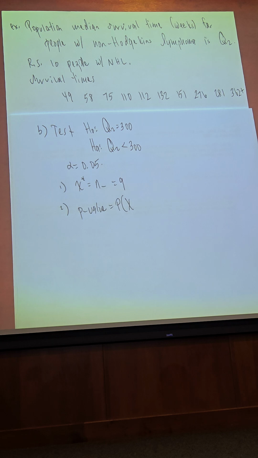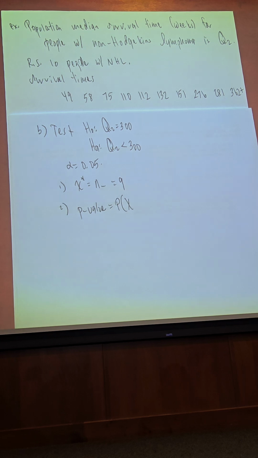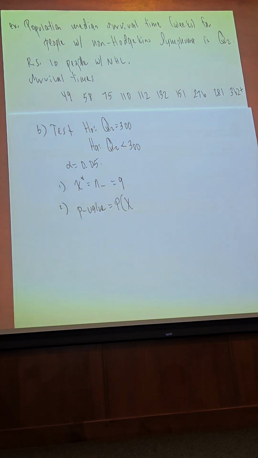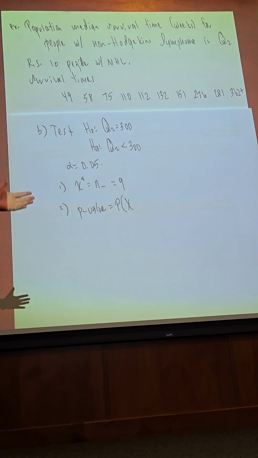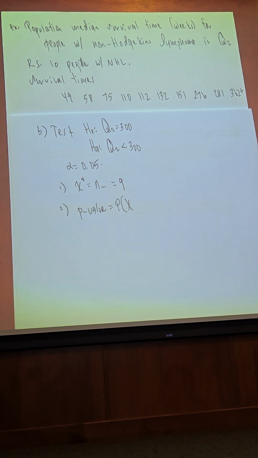If the alternative is less than, up until now, what inequality would you use in your p-value? Yes, less than. However, in the current situation, we're going to do greater than. Just trust me on this.